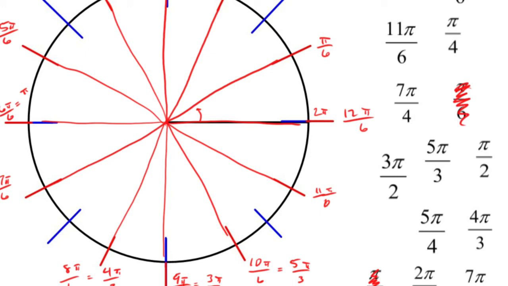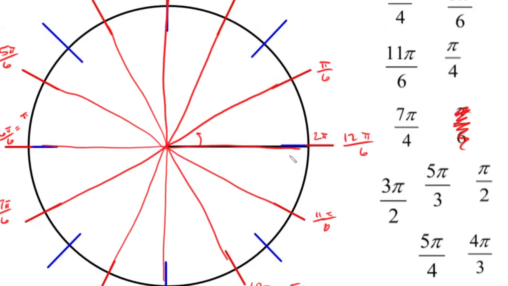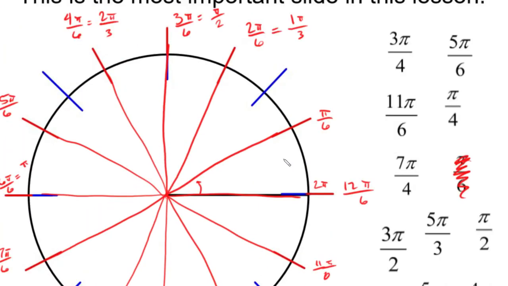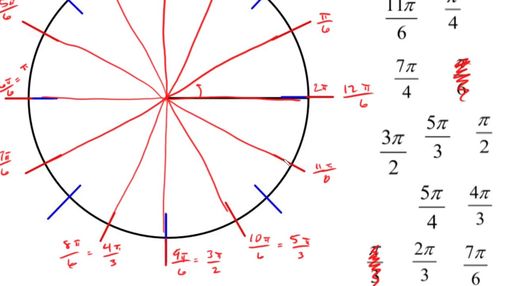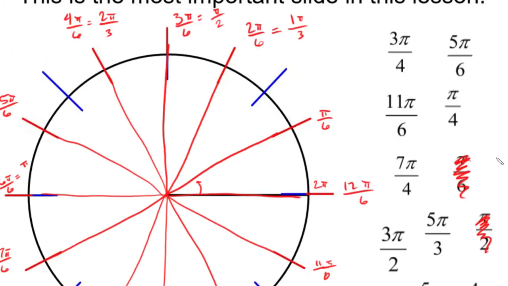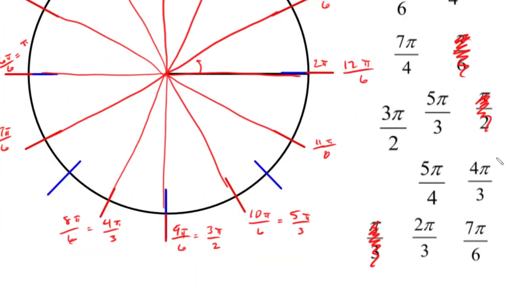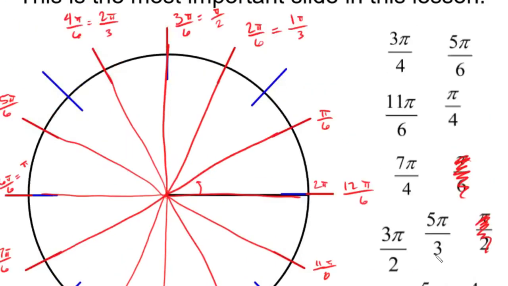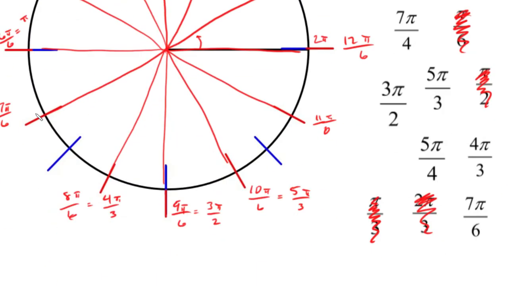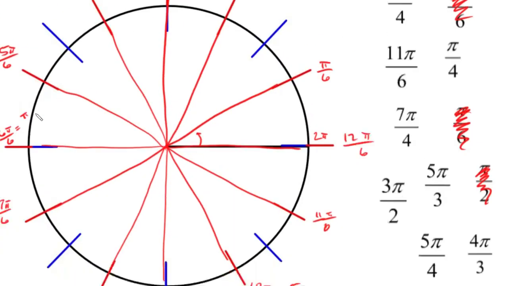those are all of our 30-degree angles, our pi over 6s. So let's go ahead and cross these off. So we got pi over 2 out of the way. And then we got 2 pi over 3 out of the way. And then we got our 5 pi over 6. So that's here. Then we got our pi, which is not on here.